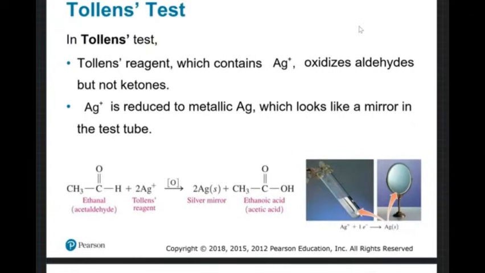Tollens test, or the silver mirror test, tests for the presence of the carbonyl group in the aldehyde. So basically, you mix an aldehyde with the reagent that contains positively charged silver.